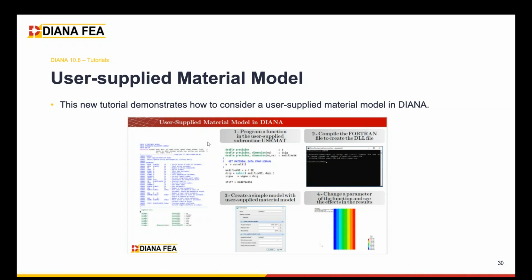It presents a very simple function that is compiled in Fortran, and then we use it as the user-supplied material model in a very simple DIANA model, and we can see the differences of changing the parameters in the results.